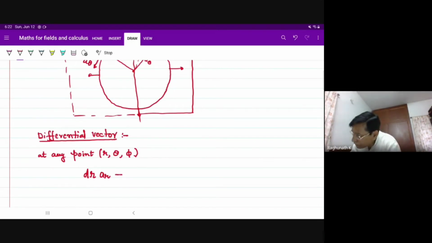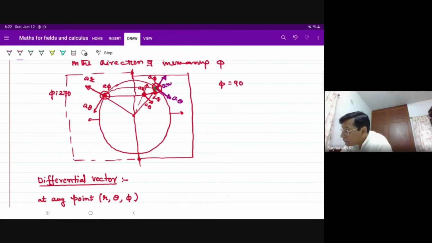Plus, listen carefully. Keeping r and phi constant, on this circle.